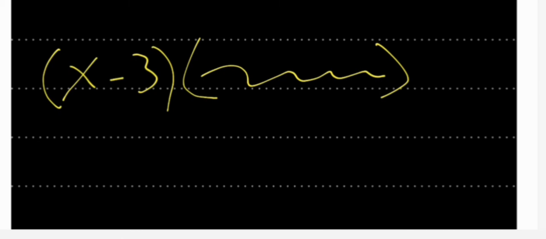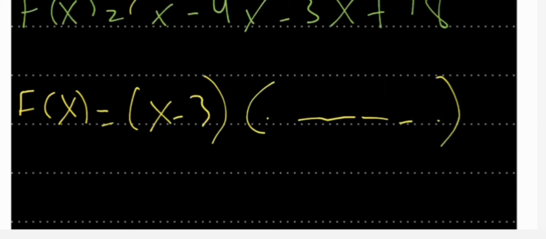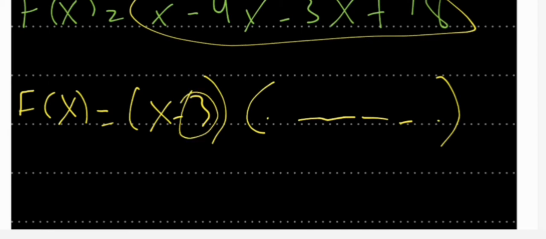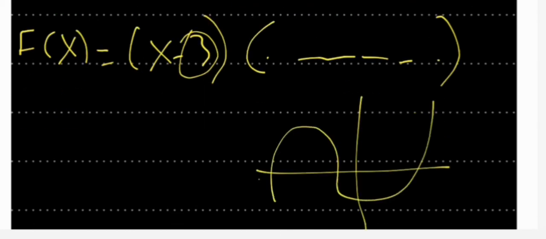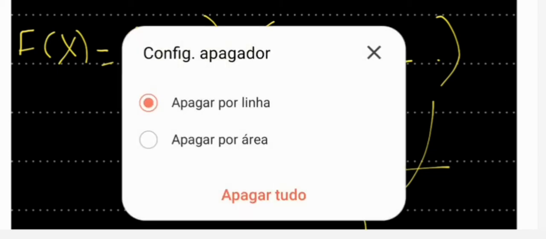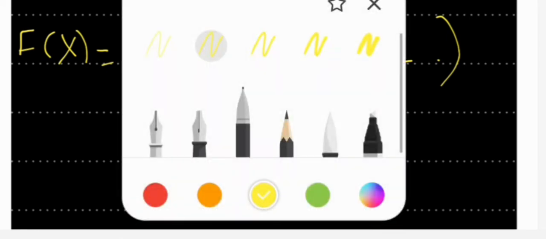So look, you can write f of x as x minus 3 multiplied by something that gives you this. Why x minus 3? Because 3 is a root, so 3 is a possible answer. We can use a quadratic function as an example, but I don't want to take too long in this question.